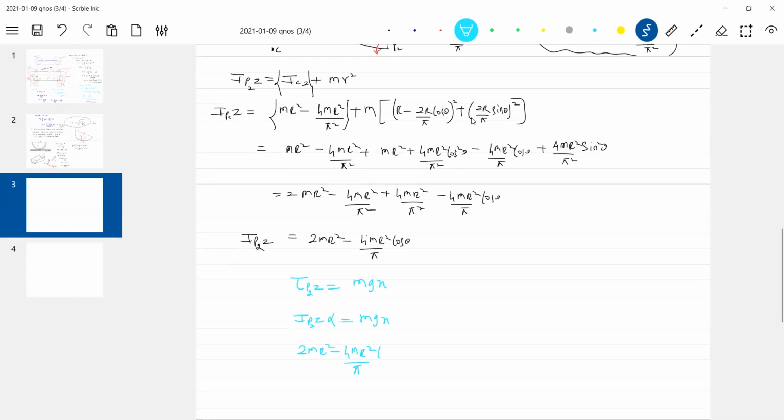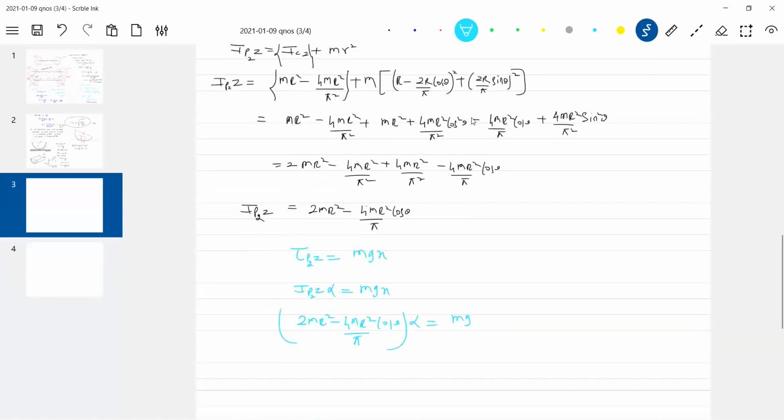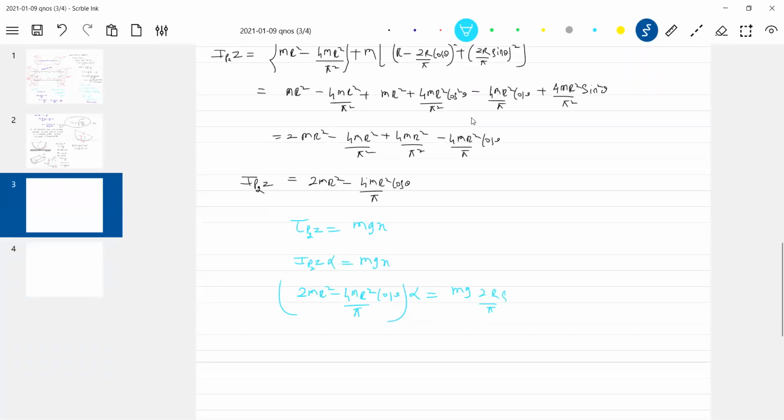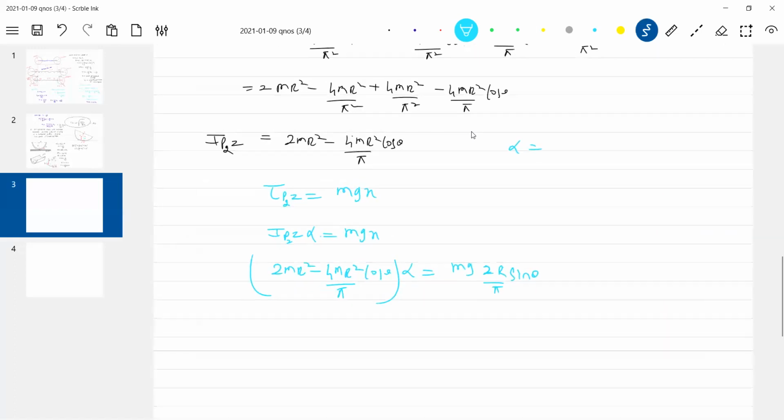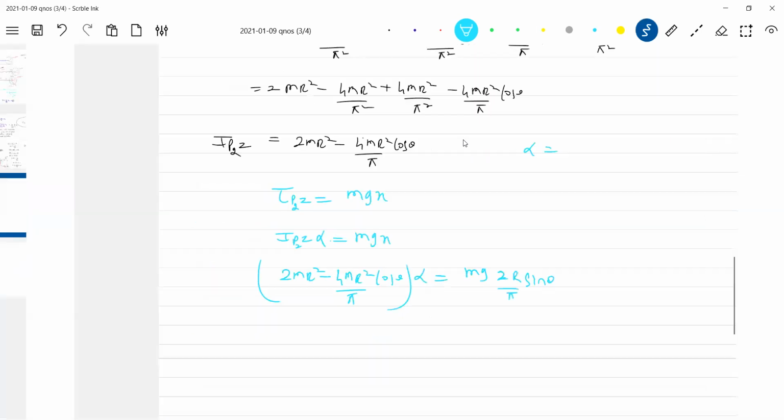Let's see what we will get. Within 1 minute I'll end this class. What is x? X is equal to 2R by pi sine theta. So therefore, what is alpha?